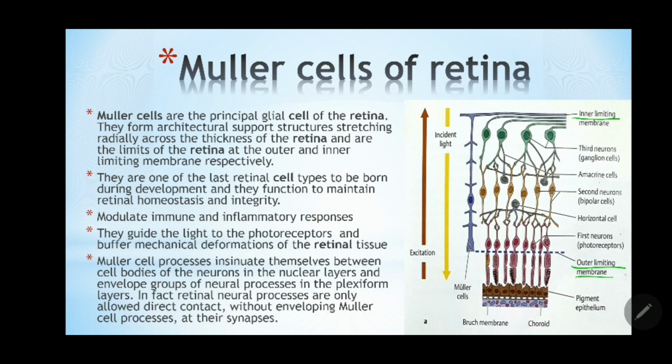Then the third is that it modulates the inflammatory or immune response also, because outside, in the vitreous of the eyeball, you have a lot of cell mediated immunity. You have the macrophages in the choroid, but in the retina the inflammatory response is mediated by these Muller cells.